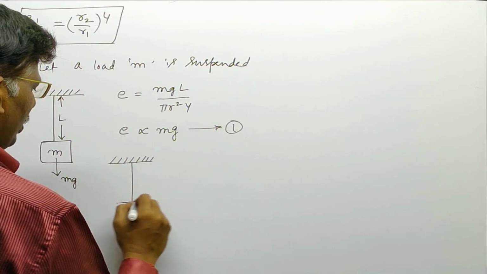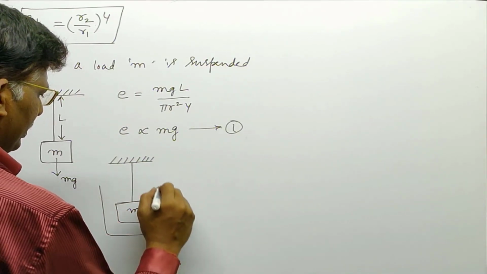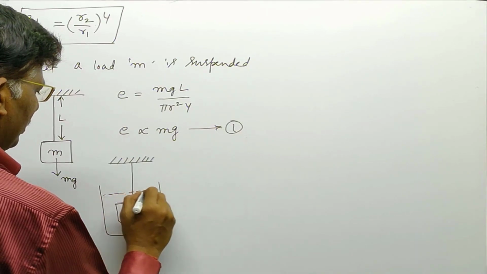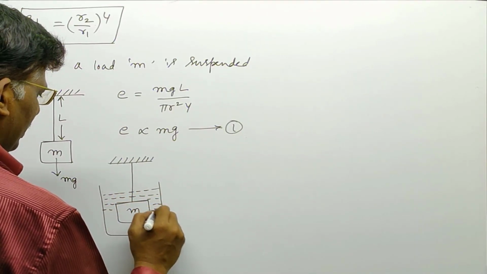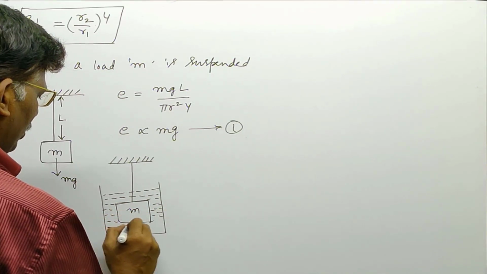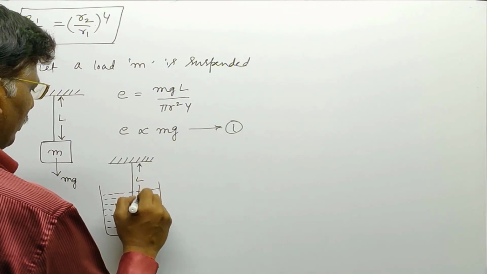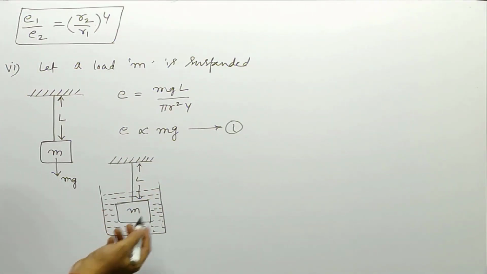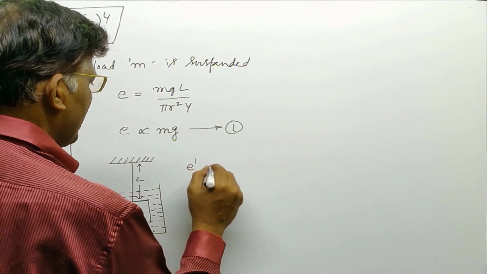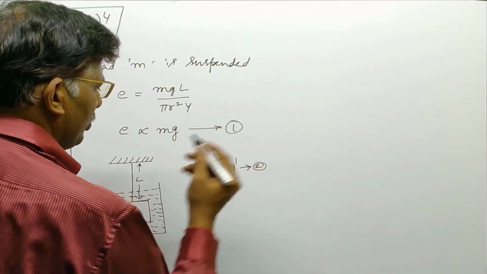When the load M is immersed in a liquid of density rho, then due to upthrust, L has no change, Y has no change. So when the load M is immersed in a liquid, then E dash can be written as mg dash. Let us assume that it is equation 2.